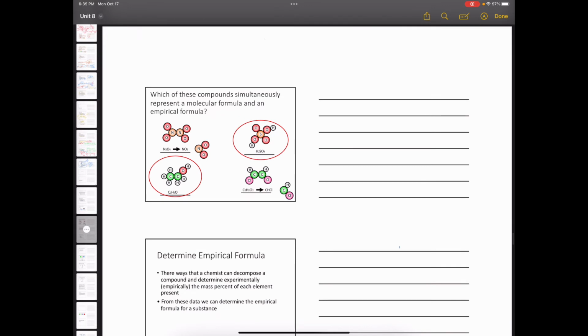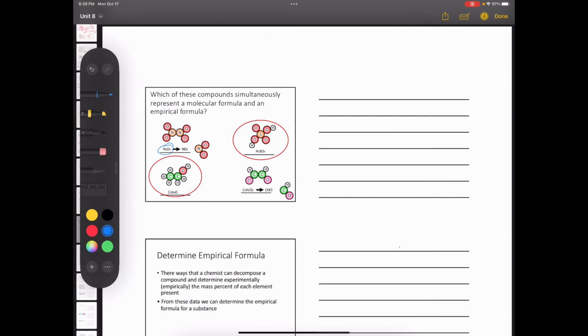So which of these compounds, for example, represents both the molecular formula and the empirical formula at the same time? If you look at the N2O4, for example, you have the arrangement of oxygen, and you have nitrogen in the middle, both nitrogen bonded to each other, and you have oxygen on the other side.